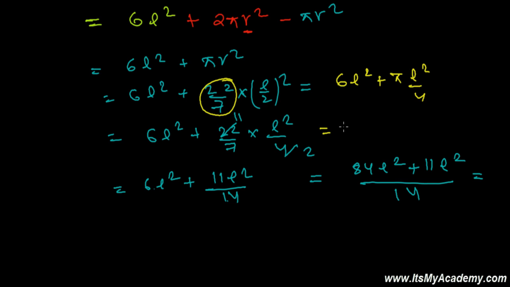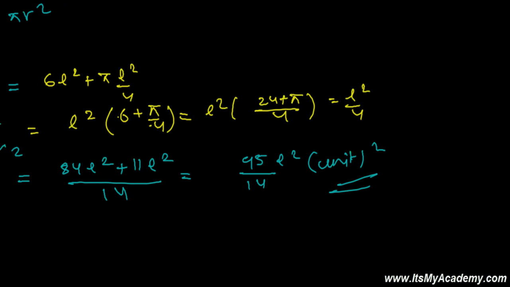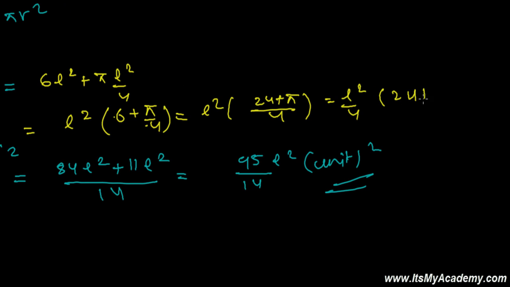From here you can take L square common, and you'll be left with 6 plus pi by 4, which leads to L square by 4 times 24 plus pi, answer in centimeter square.